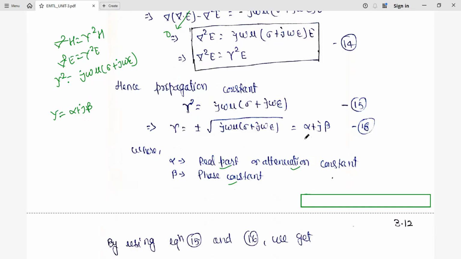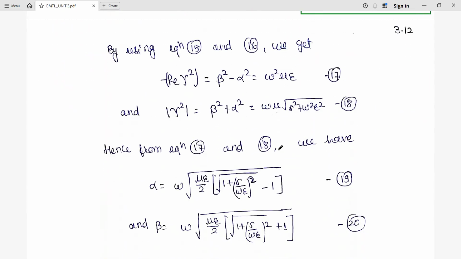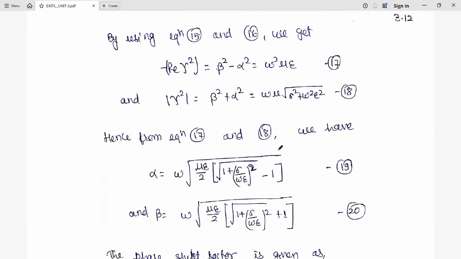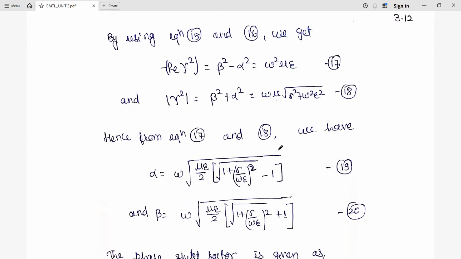Now here we have alpha plus j beta. Now we are trying to find the values of alpha and beta, so we are trying to simplify like a linear equation of two variables. In the same way, we'll try to simplify here also to obtain the values of alpha and beta. So now by using equations 15 and 16, that relation we are going to use here.